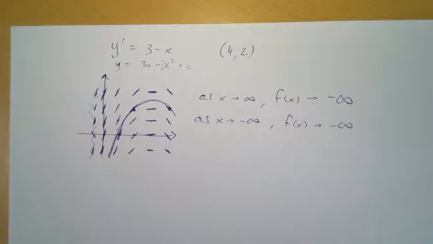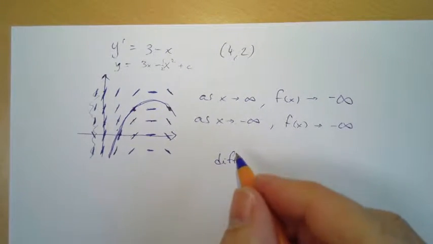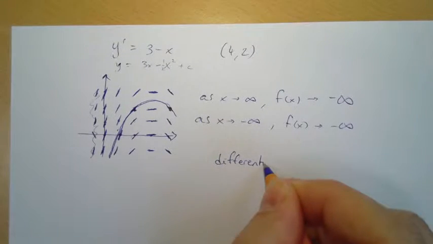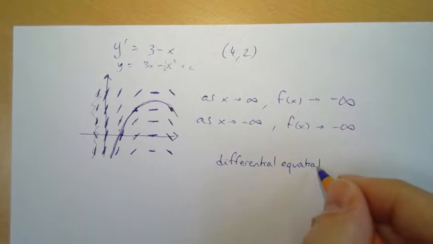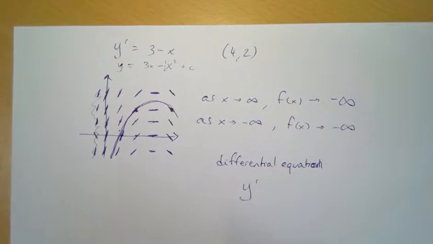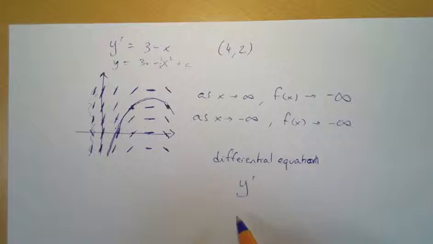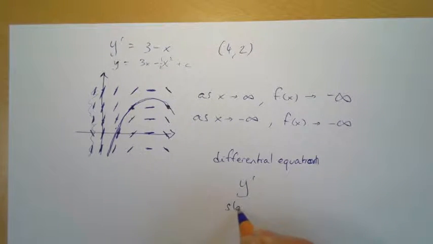So just a quick summary. When you are discussing a differential equation, you are going to have some kind of y prime when you write the expression. It includes some y primes. And visually, it's going to be a slope field.